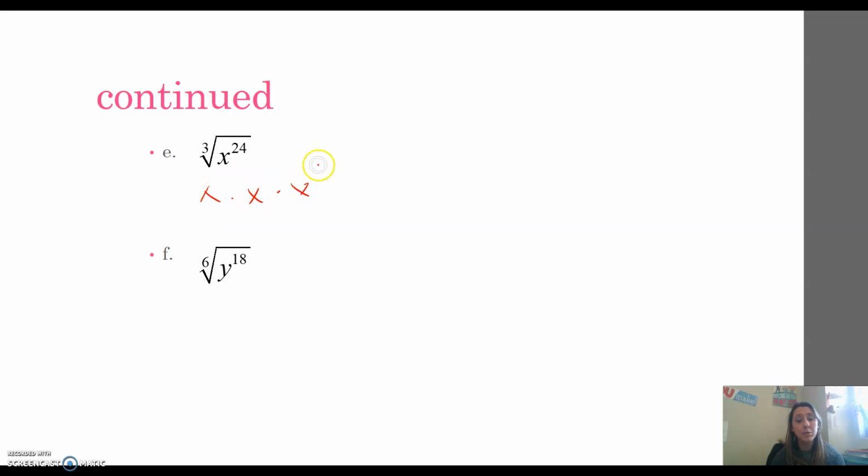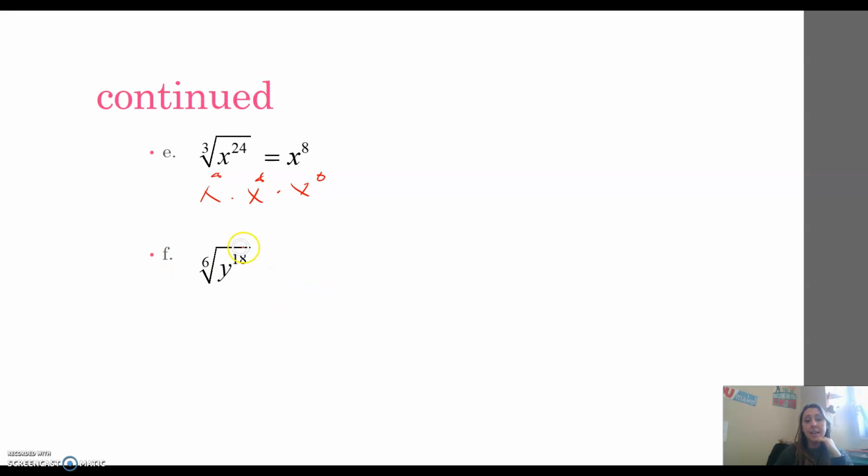What do I need to add 3 different times so that the exponents add up to 24? Well, if I divide 24 by 3, I get 8, 8, 8. And 8 plus 8 is 16, plus 8 is 24. So that's perfect. We're just going to get x to the 8th power.